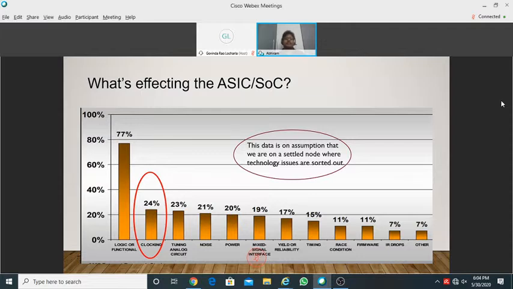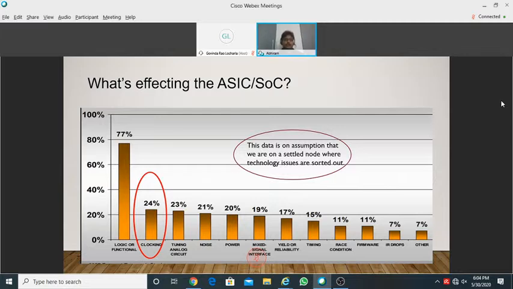You can't expect these things to be the main problem, because there most of the problems will come from yield related things, because for 5 nanometer to come to a yield of 95%, it takes 1.5 years. So currently this data we will assume is for maybe a 14 nanometer or a 10 nanometer, which is kind of settled at this point of time. Once we assume that the node is settled, we still have some 17% yield issues. So these are the factors currently affecting ASICs and SOCs.